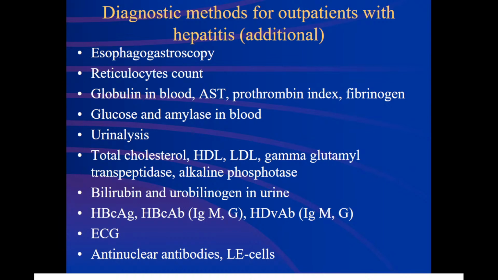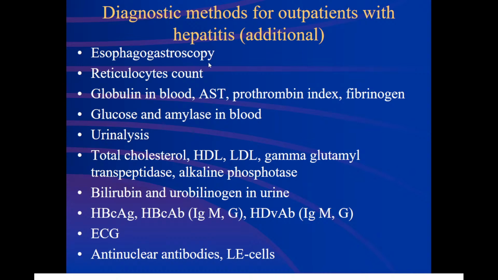If the diagnosis is still not clear, or if the patient already has a diagnosis but the general practitioner in the polyclinic suspects development of complications, especially in a patient with liver cirrhosis, he has to do additional diagnostic methods.